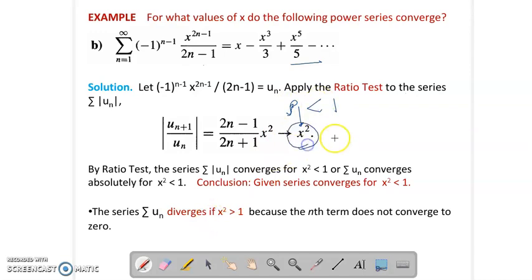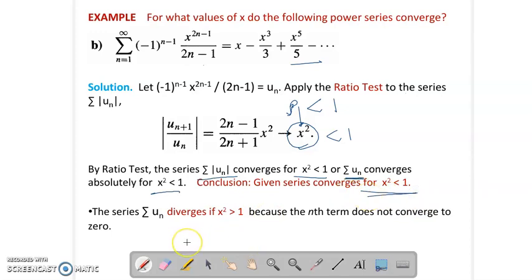So when x square is less than 1, we say that the series, which series? The series of absolute values converges for x square less than 1, and hence we conclude that the original series converges absolutely for x square less than 1, and since absolute convergence implies convergence, the given series converges for x square less than 1, right?